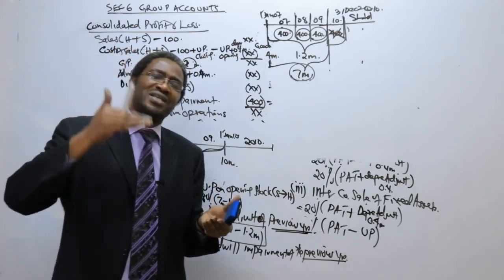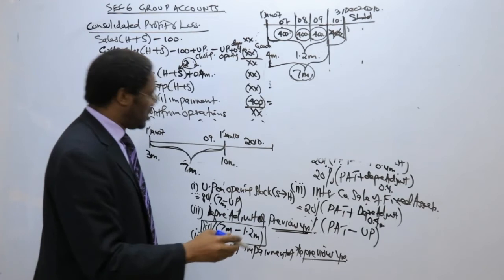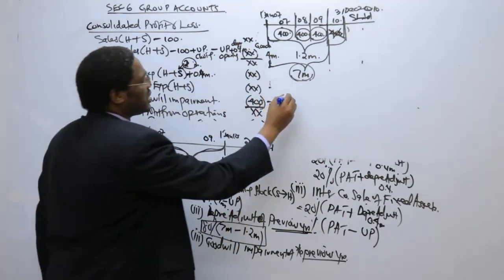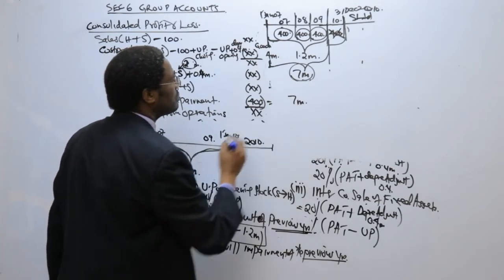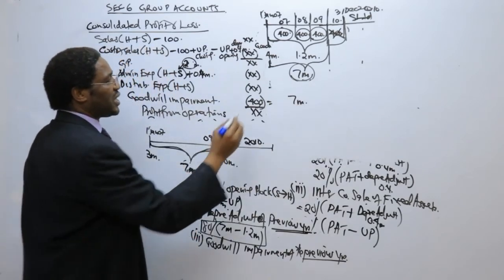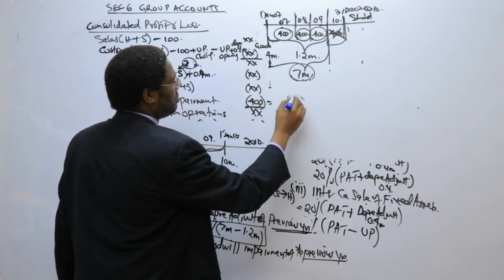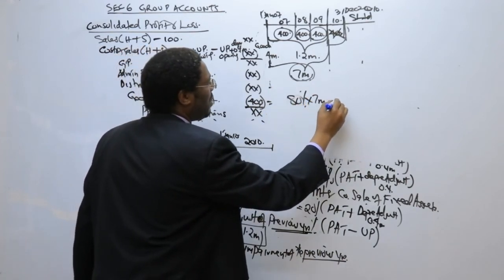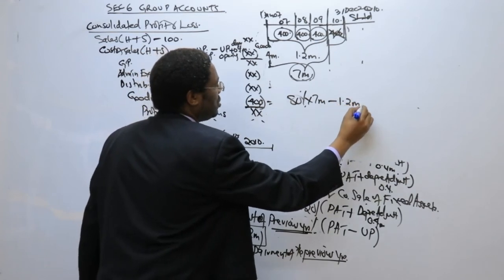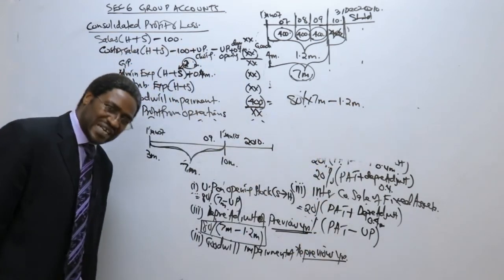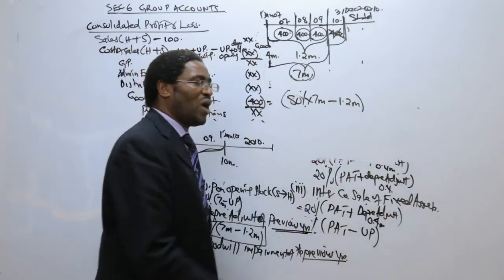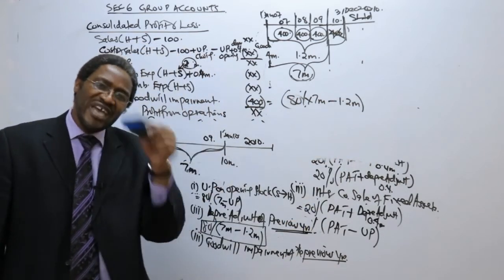So being that it's already at 80%, then to calculate the group share, you will now take the 7 million, take 80% of it, and then you minus that 1.2 million.